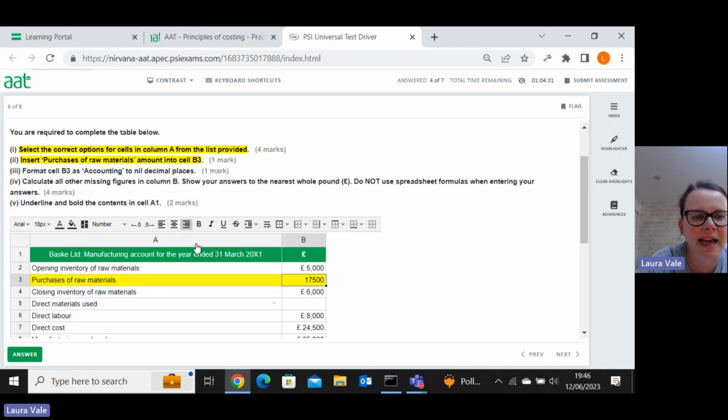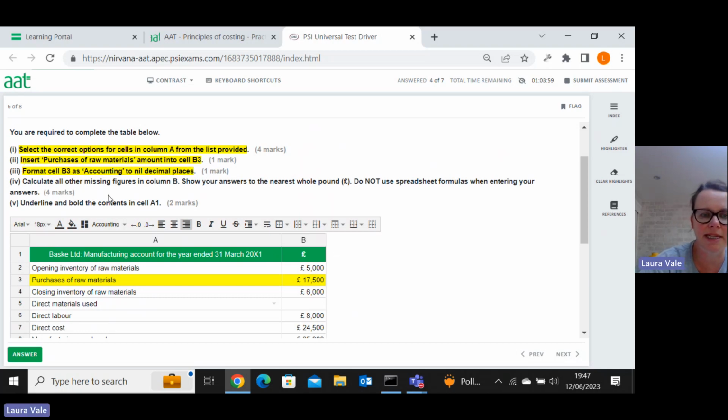I want it accounting, so in the number, I can drop down to accounting. At the moment, I've got 2 decimal places there. So I can use the decimal increase or decimal decrease, which is what I want. Just press that twice. Oh, so I only had to press it once. Oh no, I must have been a bit heavy-handed. Press it twice and it takes you down to 17,500 in the correct format. So I have now done that.